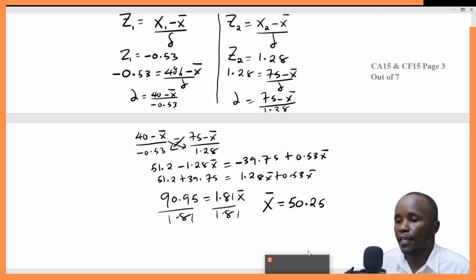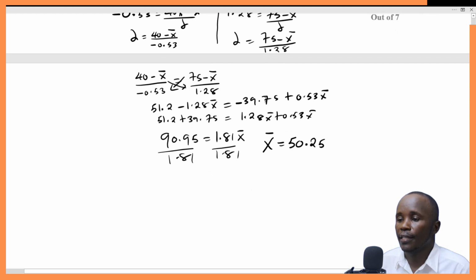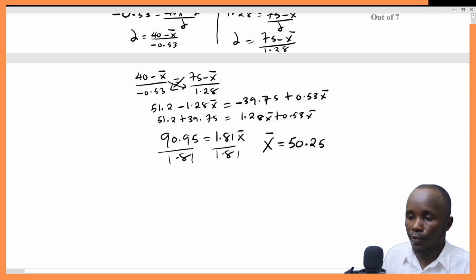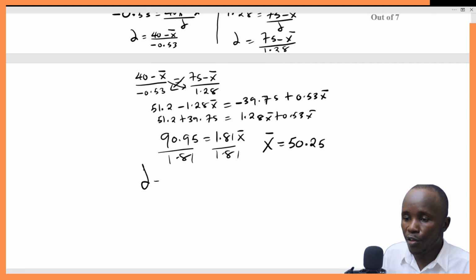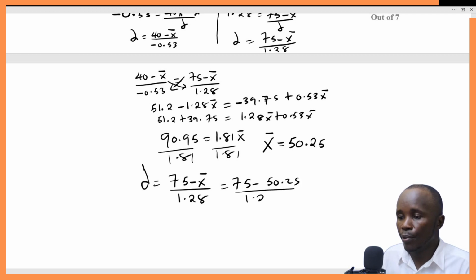Now, having obtained the x bar, or the mean, I can substitute it into any of these equations so that I get my standard deviation. Substituting in the second equation, 75 minus the mean divided by 1.28, it means it is 75 minus 50.25 divided by 1.28.